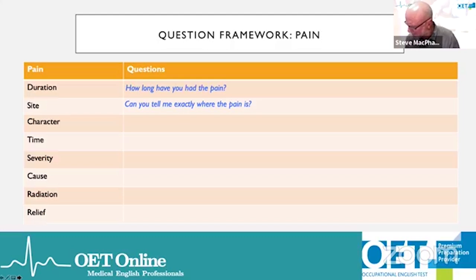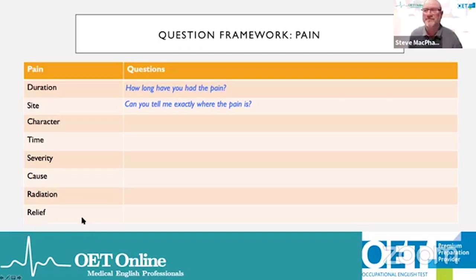Where is the maximum intensity of the pain, says Hassan, but that's a little bit overly formal there. That's almost like written English. Adona says, could you please explain where, just remove you, Adona. Could you please explain exactly where the pain is?